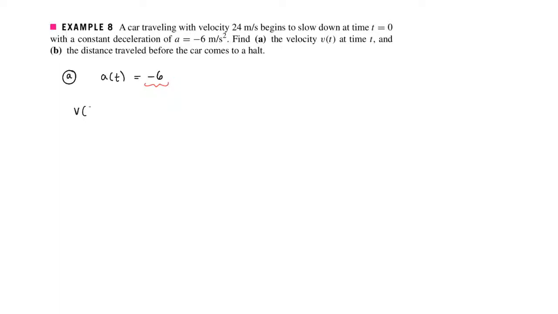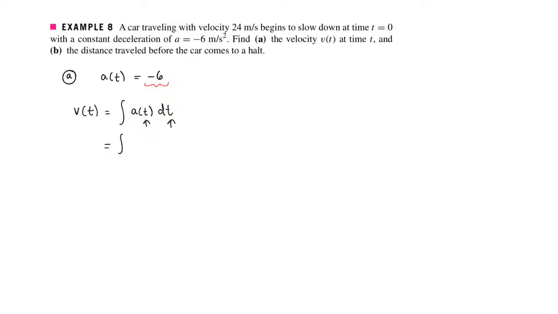Now from acceleration, I want to go down to velocity. So then velocity will be the integral of a of t dt. Since now my independent variable is t, in my differential I put t. Again, this is just a fancy notation for saying find the general antiderivative of acceleration.